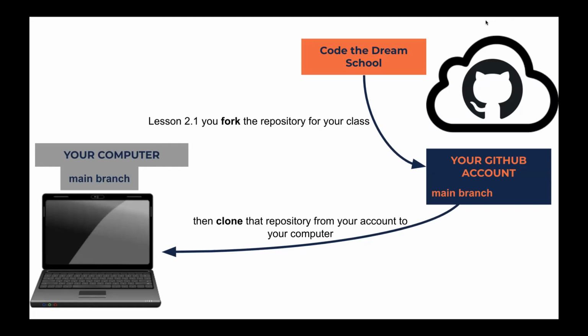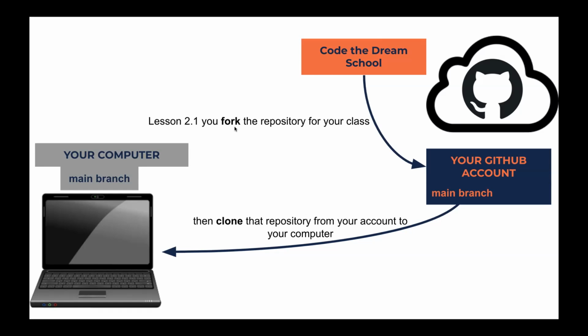So this is going to be your general flow for doing the homework. This is just the quick and dirty of what exactly you have to do for the homework. Code the Dream has some repositories already set up for you. I guess specifically the Eridanus Intro repo, which you will navigate to and fork. And forking is kind of the Git way of creating a copy of a repository at that time.